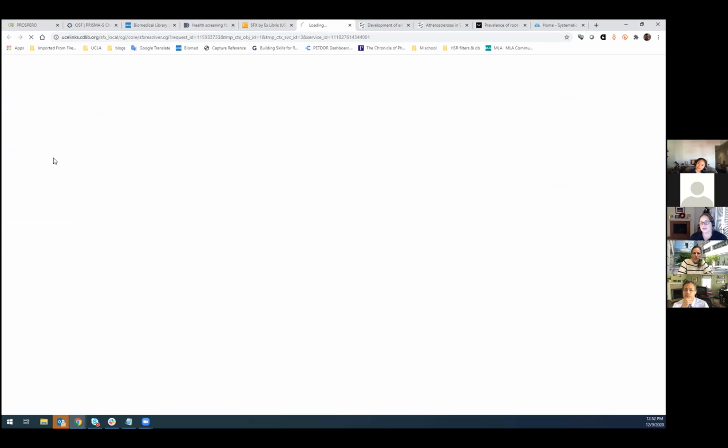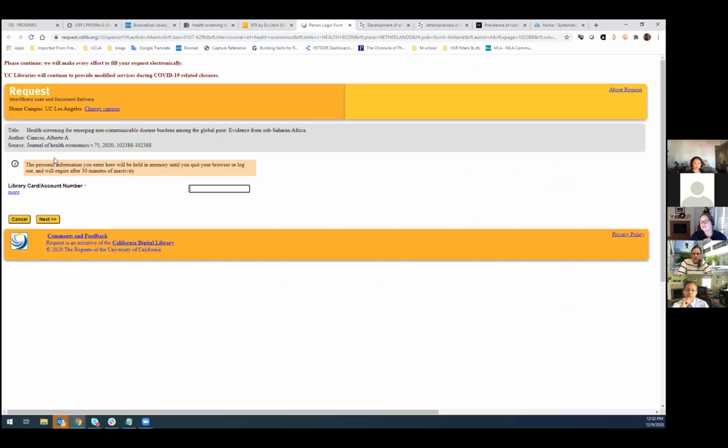This asks the library to find you a PDF of that article and send it to your inbox. You use your library card number, which I know nobody remembers. It's the 9 digits on the front of your UCLA Health ID, plus the 1 digit in the upper right-hand corner on the back that you always wondered what it was for. It's the 10th digit of your library card ID. I'll put in mine.